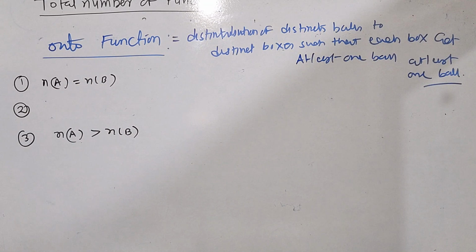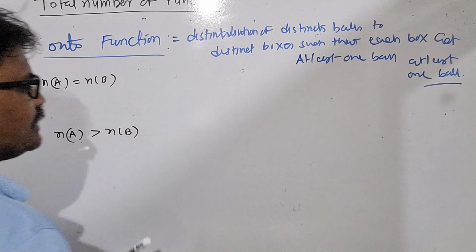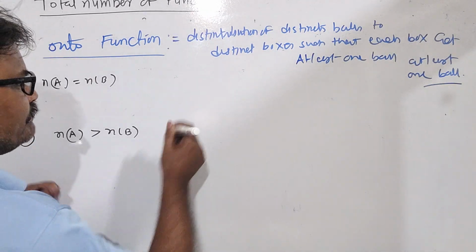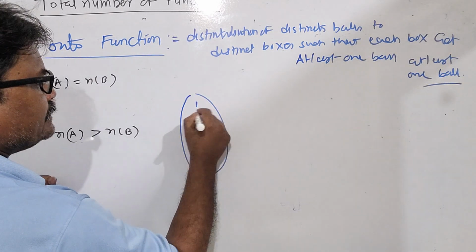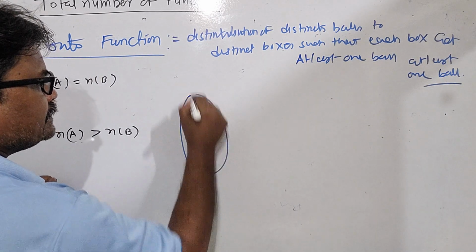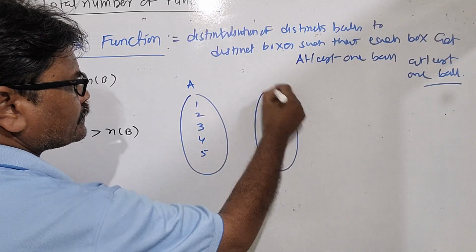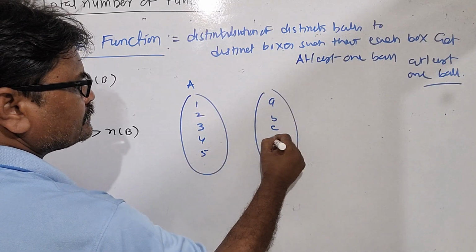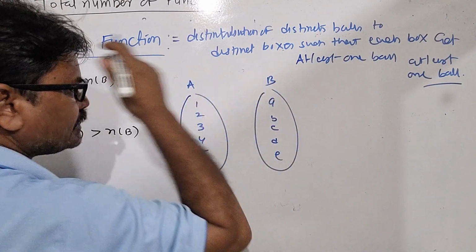Now in these two cases, n of A equal to n of B and n of A is greater than n of B, we will calculate the number of onto functions. So there are 5 elements in the set A and 5 elements in the set B, correct?